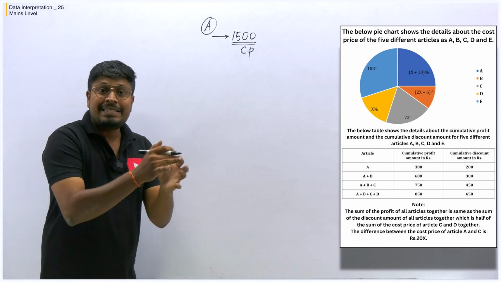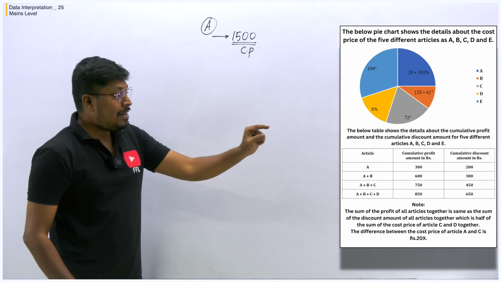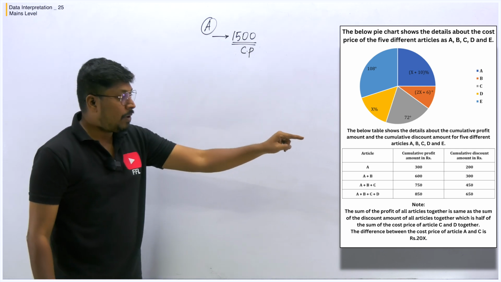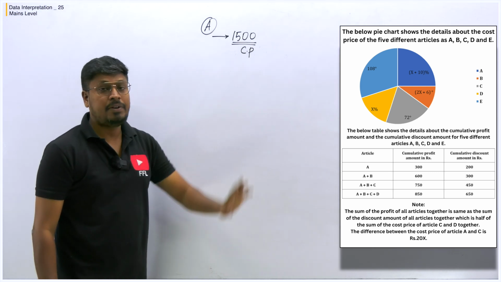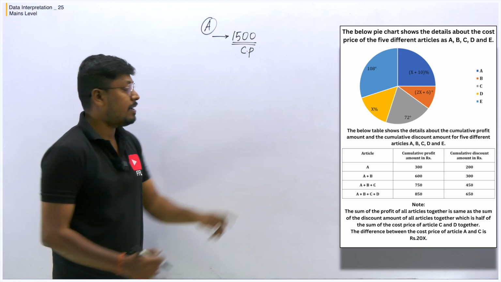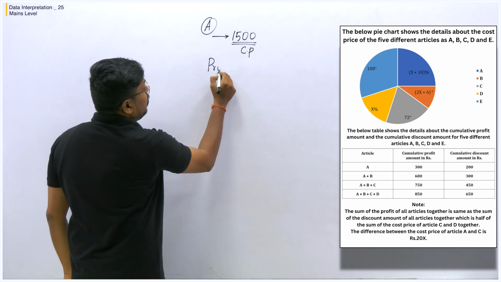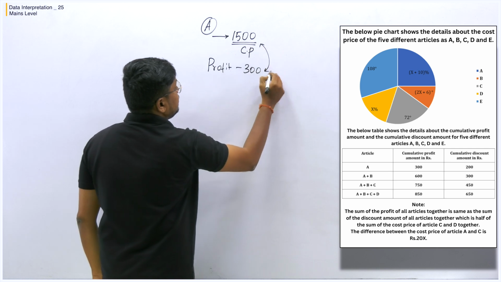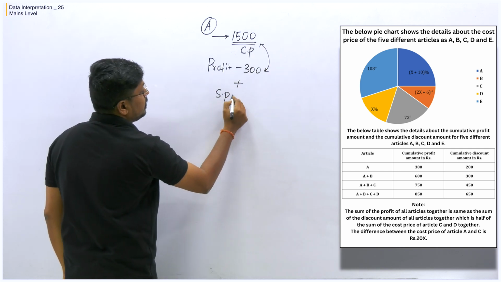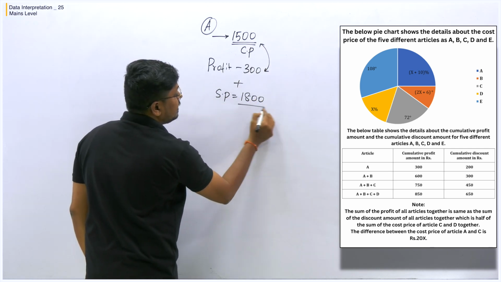And how will you find the selling price here? It is easy, because in the table chart itself, the first value they have given is the profit amount. Profit amount is how much? 300. So if we add the profit 300 to the cost price, the resultant will be the selling price. Yes or no? So 1800 will be the selling price.